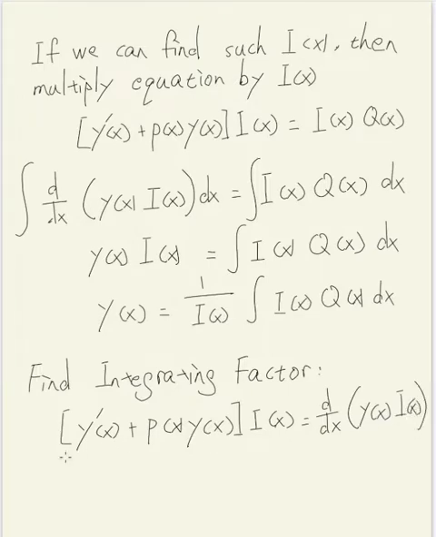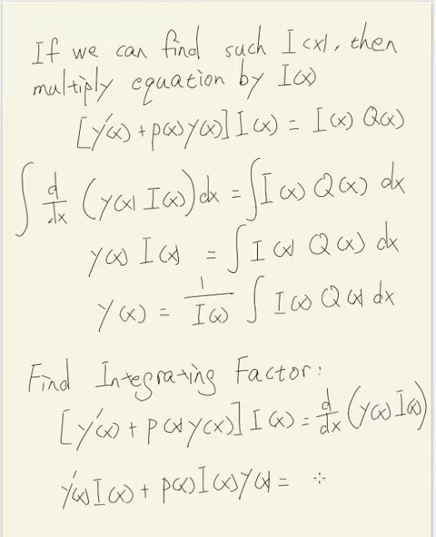Now let's distribute the multiplication. We get y prime of x times I of x plus p of x I of x y of x equals d dx of this product.